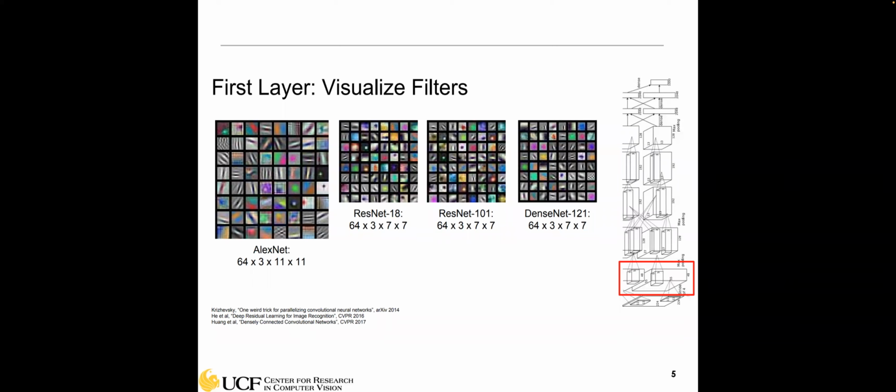Once your model is trained, let's say you have AlexNet, ResNet, DenseNet, or any of the common CNN networks, we can plot the kernels that are learned. These are some of the earlier layers from AlexNet and ResNet. We can plot these filters and visualize what they look like.